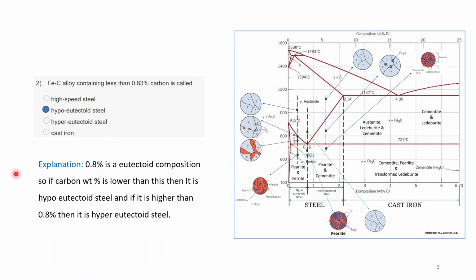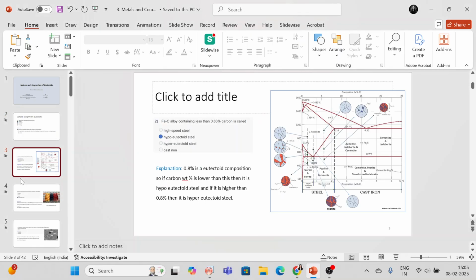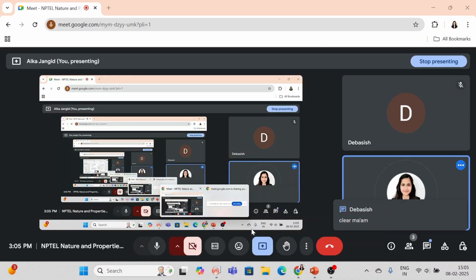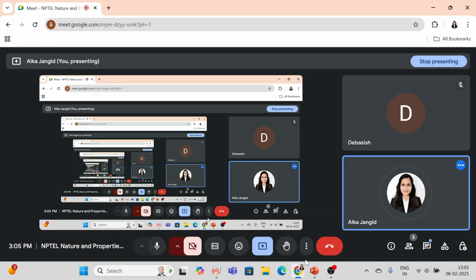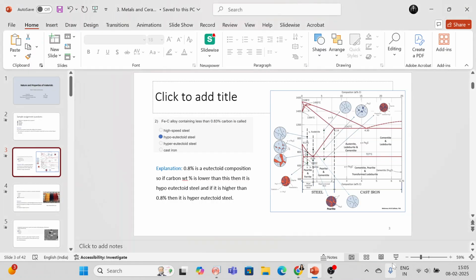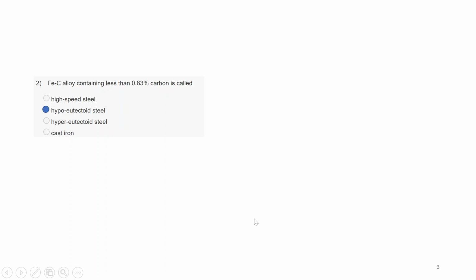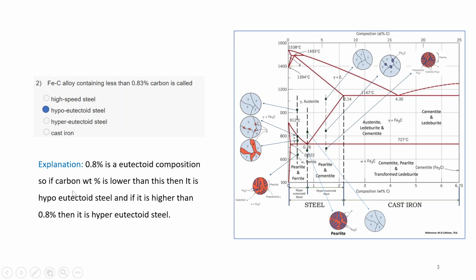So the explanation is given here. 0.8% is the eutectoid composition. If the carbon weight percent is lower than this, then it is hypoeutectoid steel, and if it is higher than 0.8%, it is called hypereutectoid, and at exactly 0.8%, it is eutectoid steel.